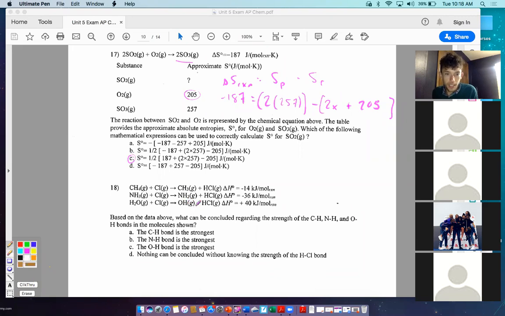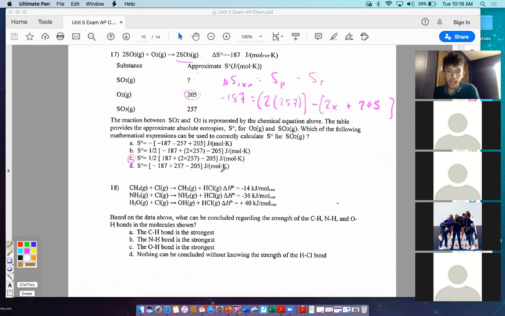Each process requires that I break carbon-hydrogen, nitrogen-hydrogen, or oxygen-hydrogen bonds, and then I form carbon-hydrogen, nitrogen-hydrogen, or oxygen-hydrogen bonds, and I'm also forming hydrogen-chlorine bonds.